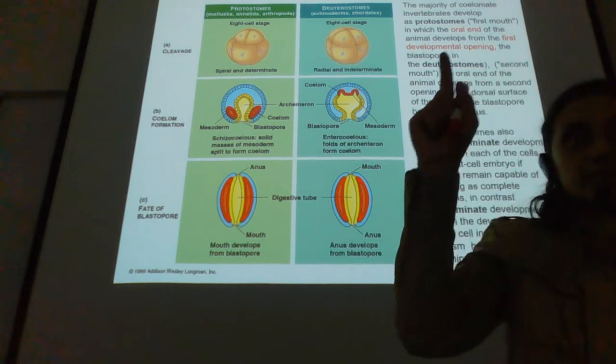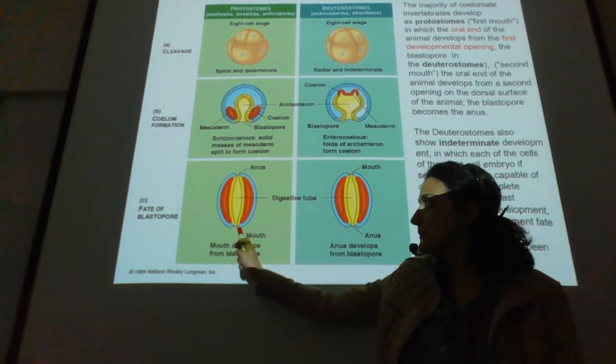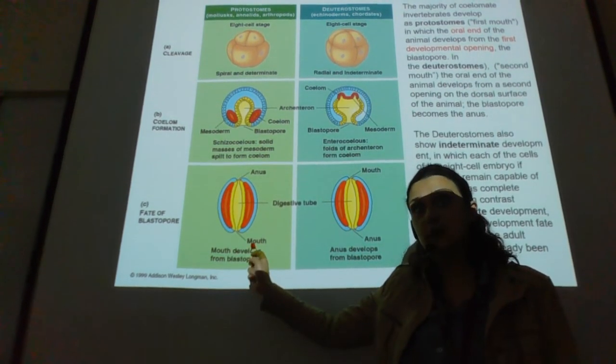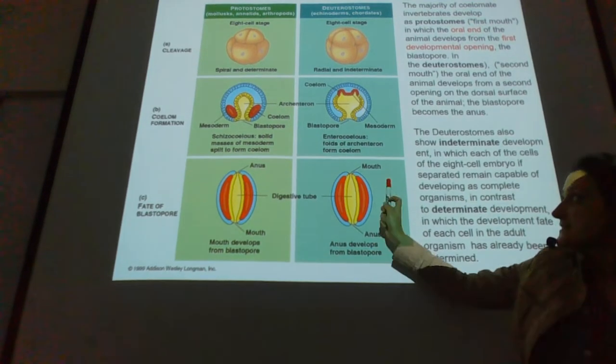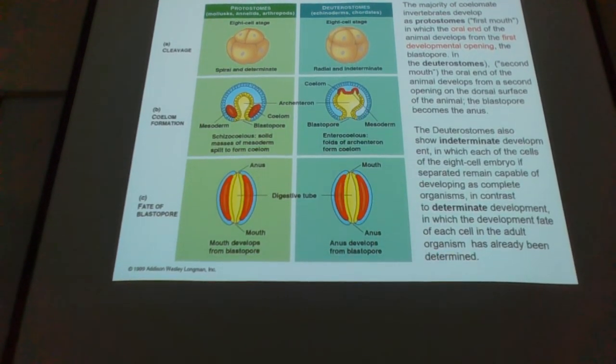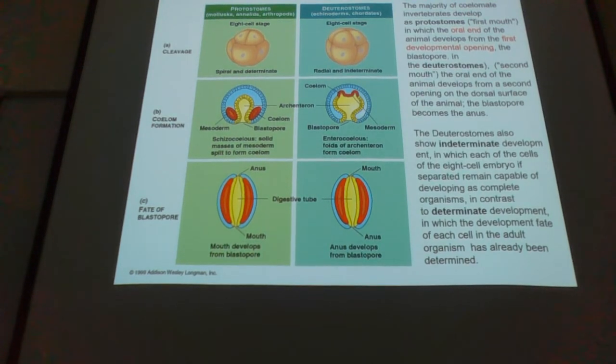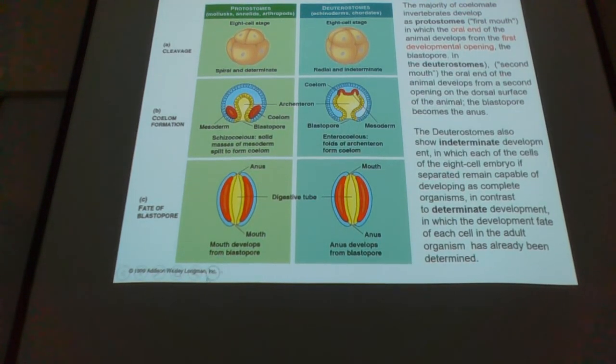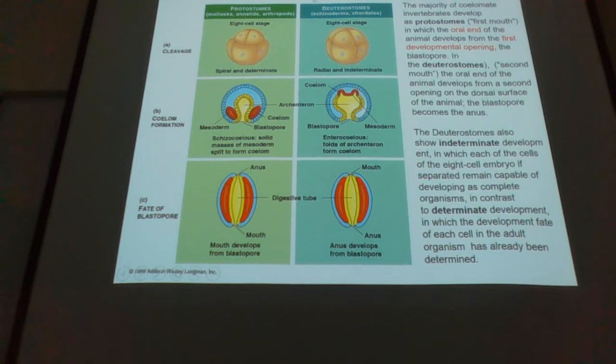So mouth first. The first opening, the blastopore, will become the mouth. Here is the second opening that becomes the anus. And that's what protostome and deuterostome means. Remember, protostome means mouth first, deuterostome, mouth second. Okay? Or second mouth, however you want to say.